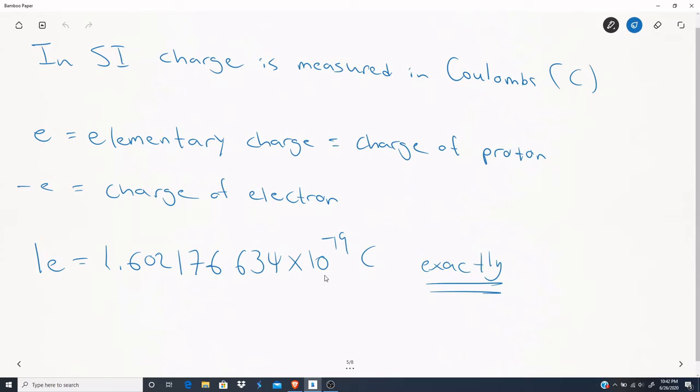Because of the 2019 definition of the units, the elementary charge is now defined to be exactly 1.602176634 times 10 to the negative 19 coulombs. And what this effectively serves as is a definition of the coulomb now instead of the elementary charge.